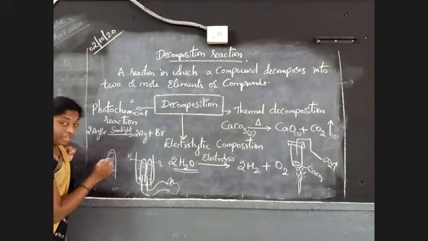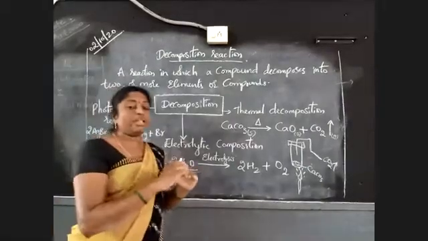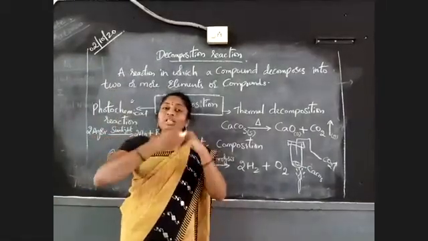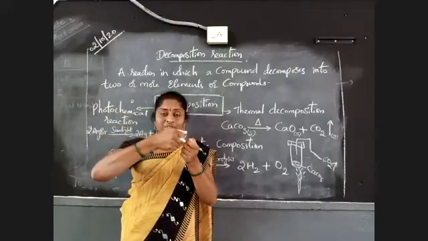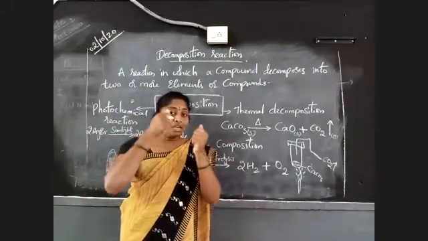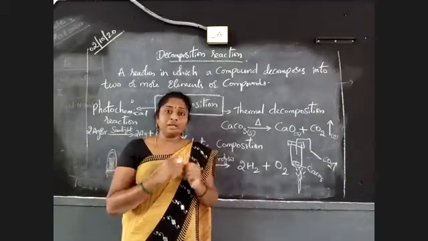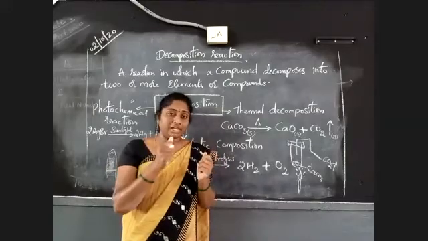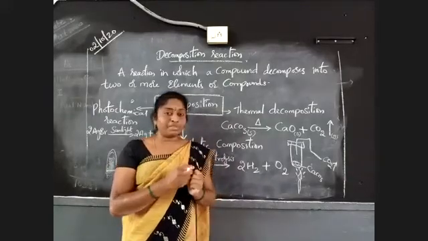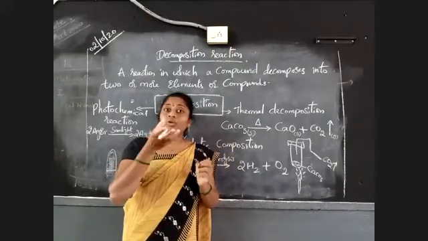Whenever you observe the gas is filled up, slowly, without disturbing the complete apparatus, take out the test tube and bring a lit matchstick near the mouth of the test tube. If hydrogen is present, the flame gives a puff sound. If oxygen is present, the flame will glow brightly.